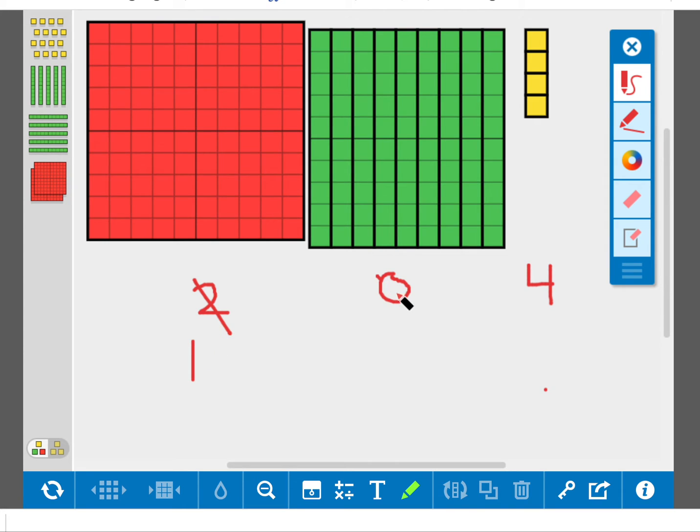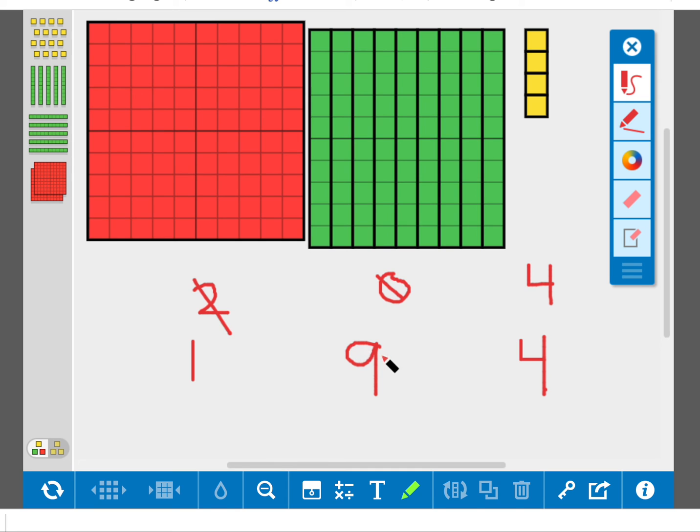And instead of 0 tens, we traded for 10 and then we took 1 ten away. So we only have 9 tens and then our ones stayed the same. So 10 less than 204 would be 194.